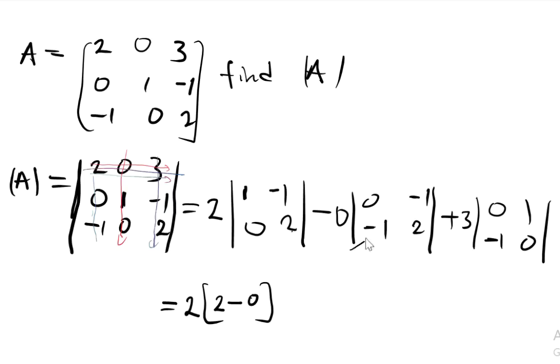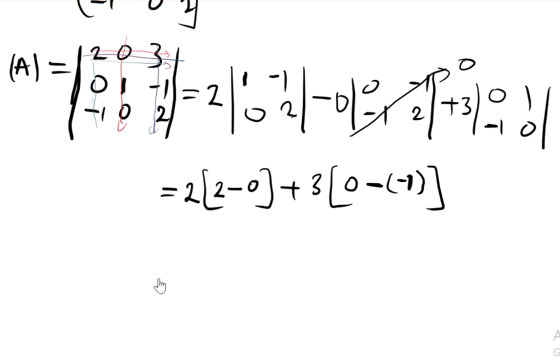Then everything here should be 0, plus 3 into 0 multiplied by 0 is 0, minus 1 multiplied by minus 1 is plus 1.